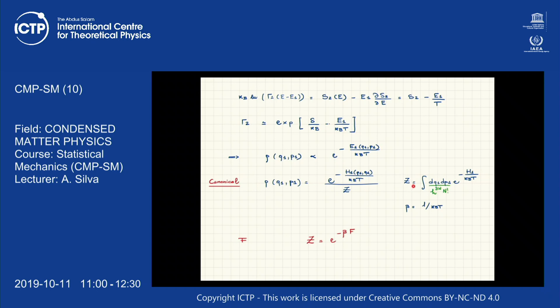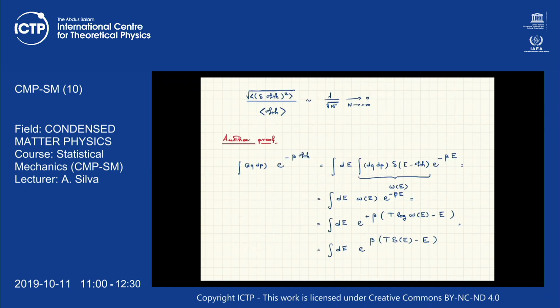And therefore the partition function is the sum over all possible configurations of my statistical variables of e to the minus H divided by k_B T. Okay? So let's write it in words.